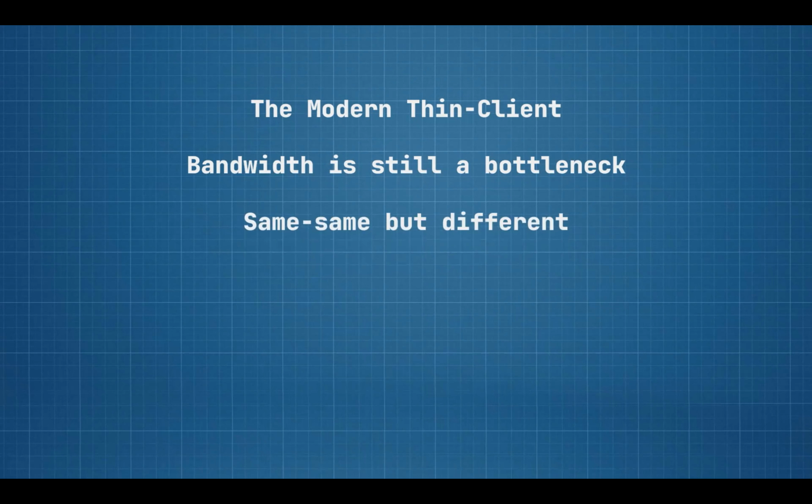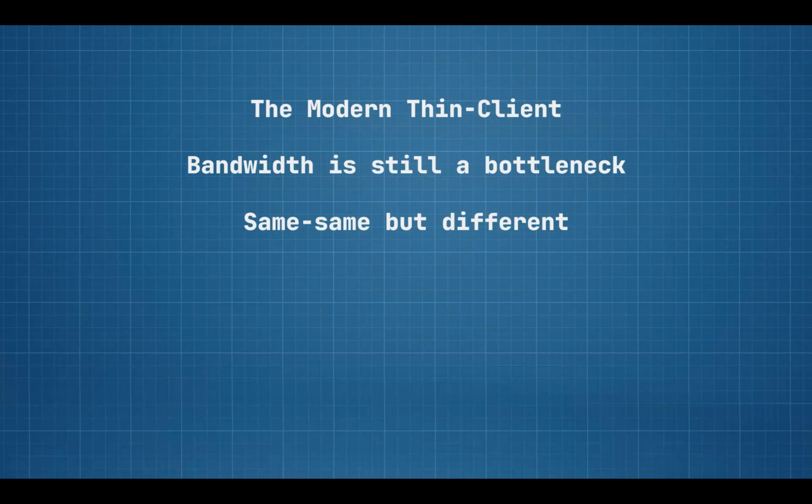So very similar to what we had before, but now you have things which are much more powerful. You have web servers and application servers which are much more robust. And you have client-side browsers and laptops that are much more robust and powerful than anything we used to have.